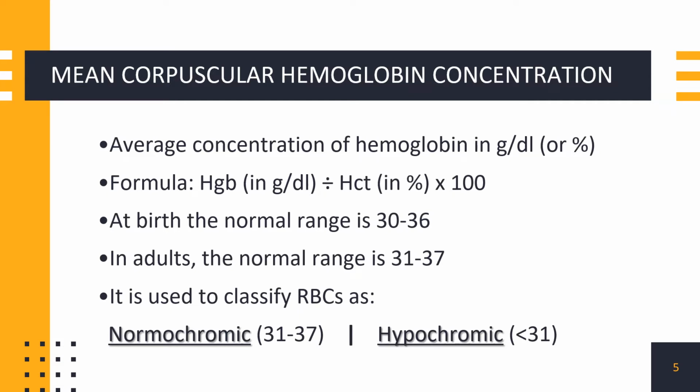At birth, the normal range is from 30 to 36. In adults, the normal range is from 31 to 37, and it is used to classify erythrocytes as either normochromic, if the value will fall between 31 to 37, or hypochromic if it is below 31.